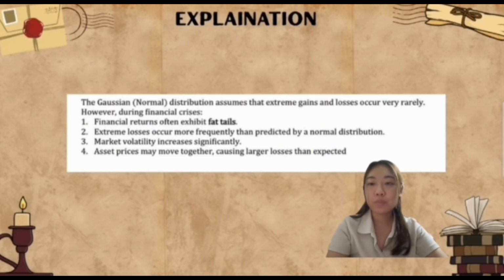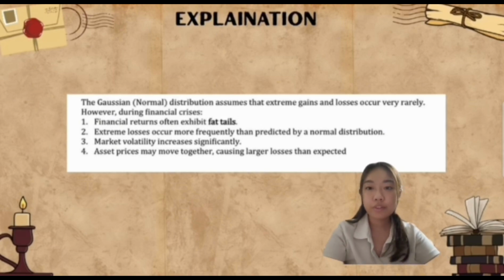Finally, and perhaps most importantly, during a panic, asset prices tend to move together. When everything correlates and drops at the same time, it causes compounding, larger losses than expected. Therefore, a standard normal distribution will systematically underestimate the true tail risk of the market collapse.